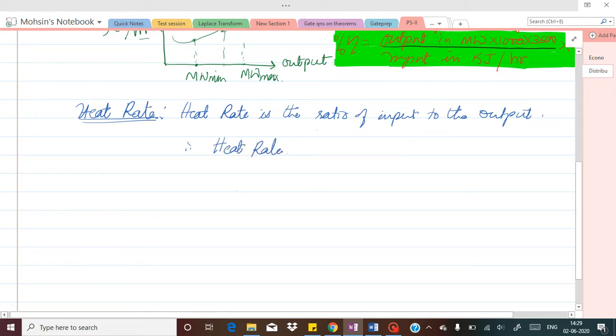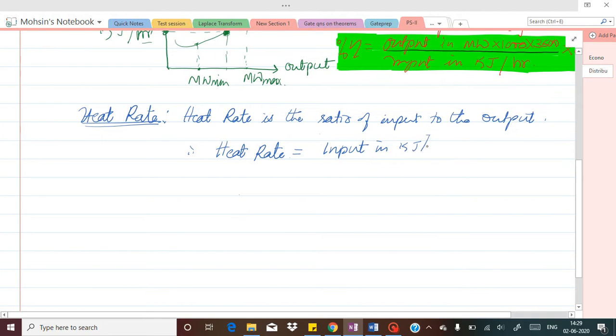We can write heat rate equal to input, where input is input in kilojoule per hour, and output is output in megawatt.